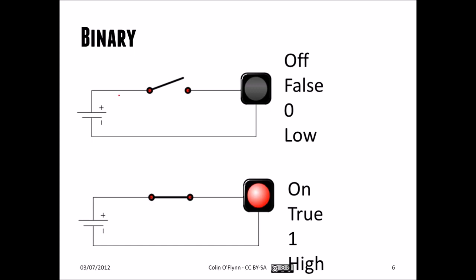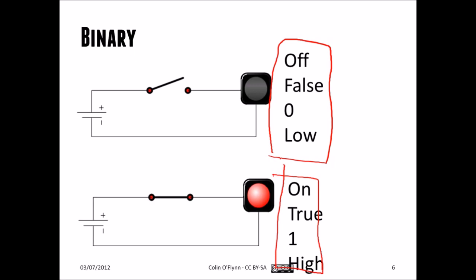Other names we'll give it, we might call it false when we're dealing more with the Boolean algebra. False and true, 0 and 1, so 0 being this off state, 1 being on, and low and high are other names we'll give it. But at the end of the day, it's all the same stuff, and all these 4 effectively mean the same thing as these 4.